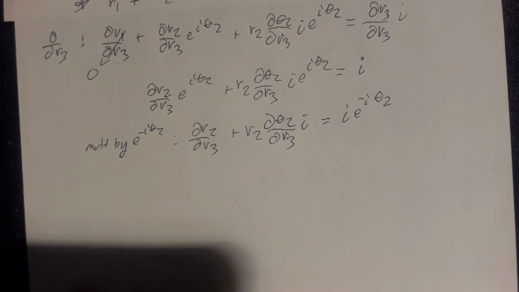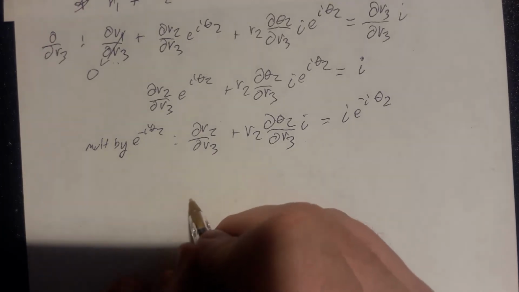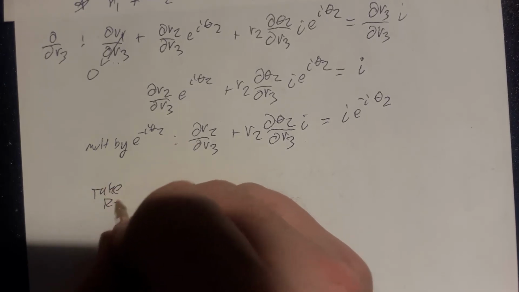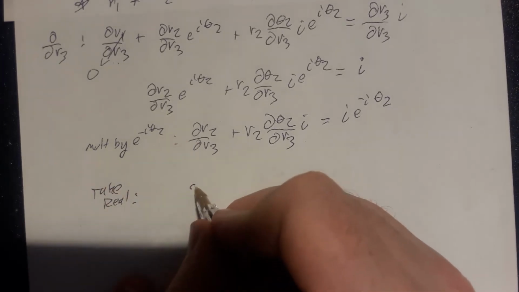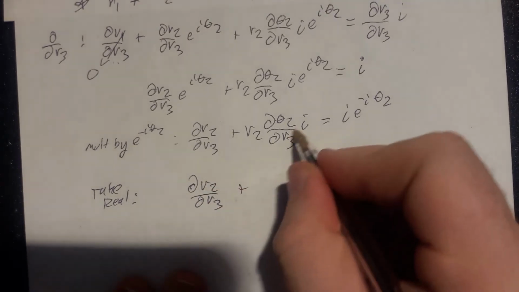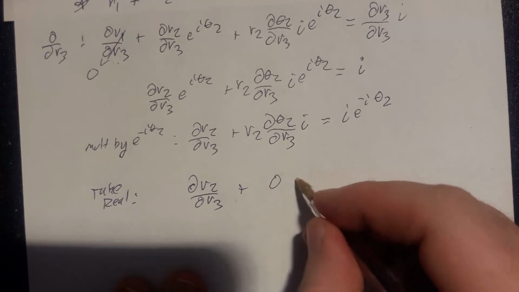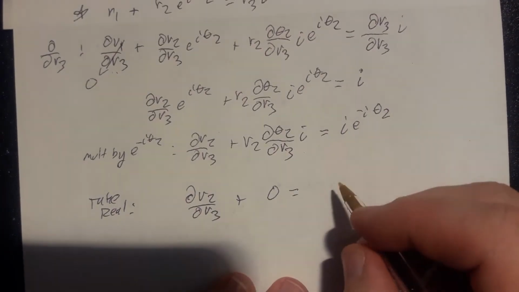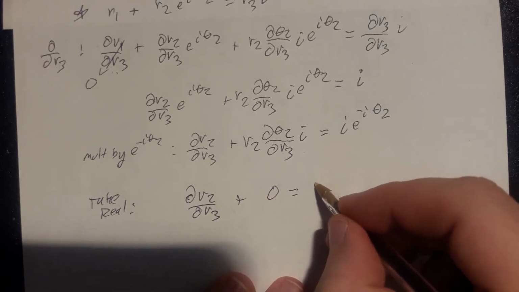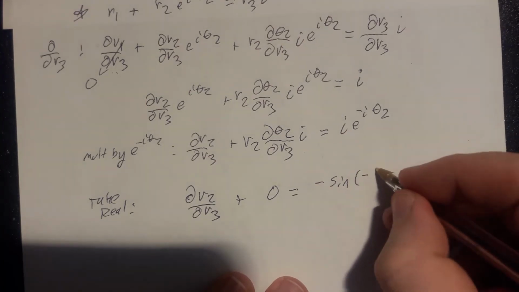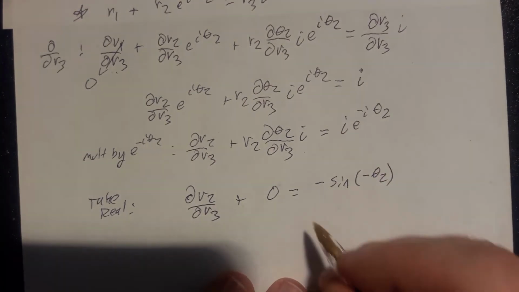Now, we want the real part of that equation, and so that'll give us dr2/dr3 plus, this term goes to 0 because it's pure imaginary. Now this term looks like i e to the i, and so the real part of it is going to look like minus sine of minus theta 2.